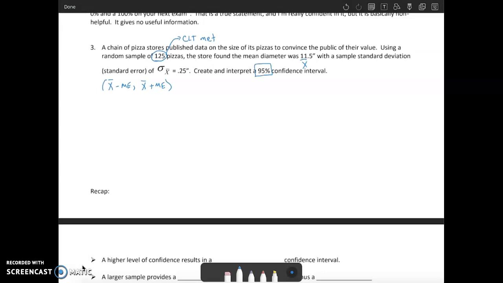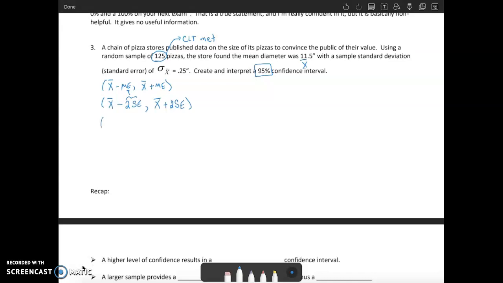In this case, we have a 95% confidence level, which means the margin of error is 2 standard errors. So I could do x bar minus 2 standard errors for the low end, and x bar plus 2 standard errors for the upper limit.